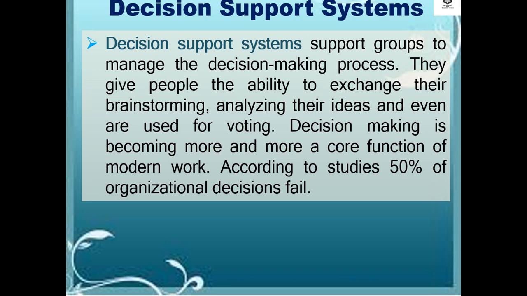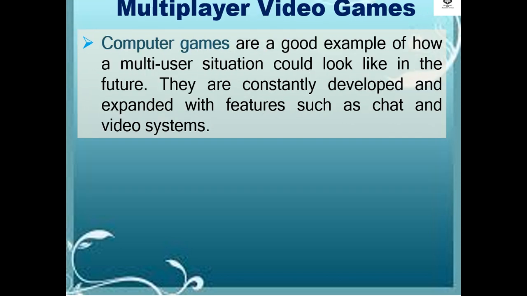According to studies, 50% of organizational decisions fail. Next, multiplayer video games. Computer games are a good example of how a multi-user situation could look in the future. They are constantly developed and expanded with features such as chat and video systems.